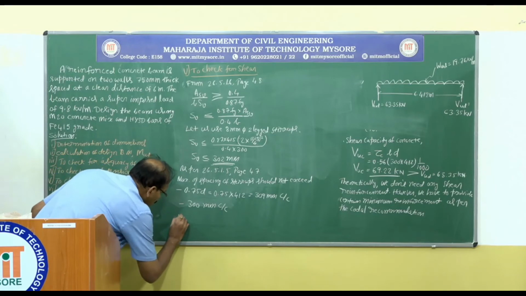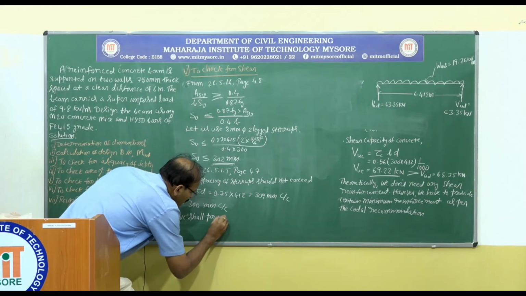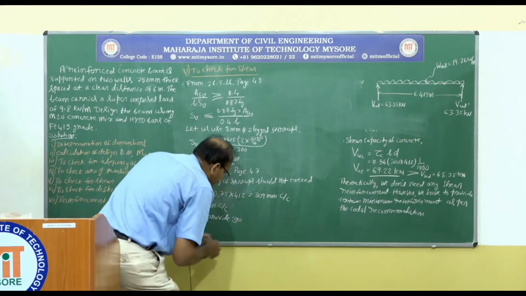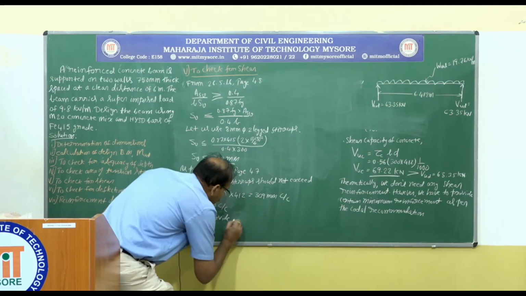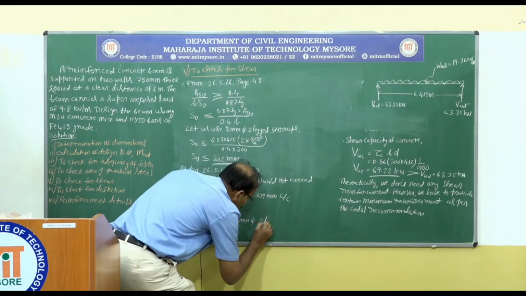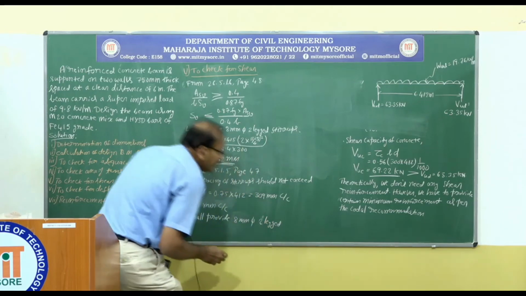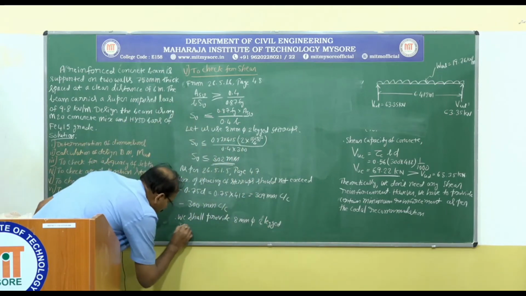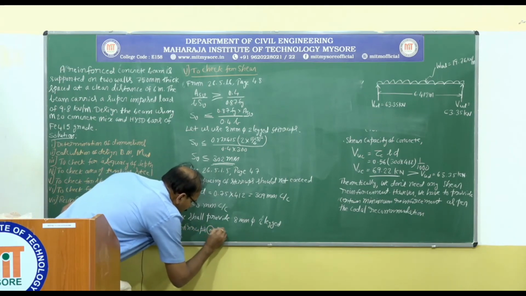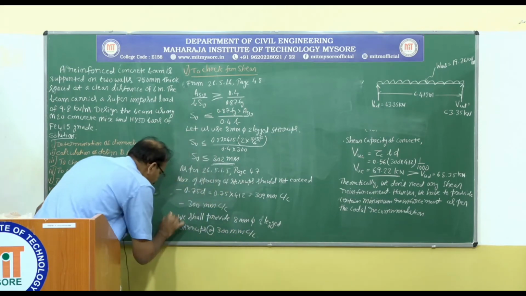Therefore, we shall provide 8 mm dia two-legged stirrups at 300 millimeter center to center.